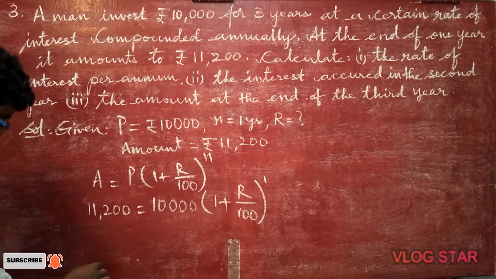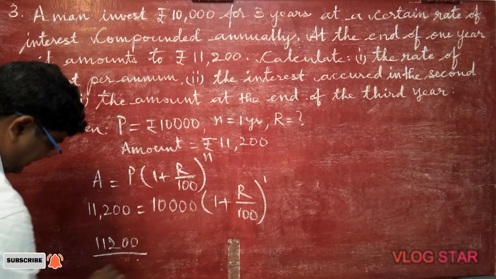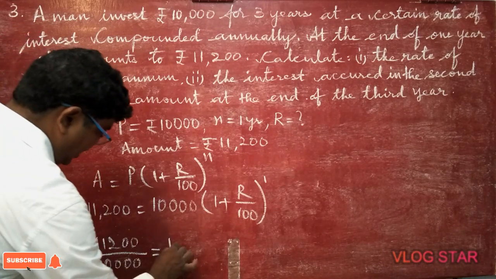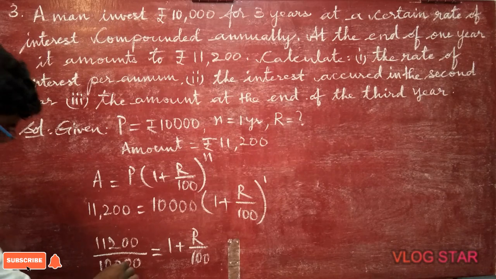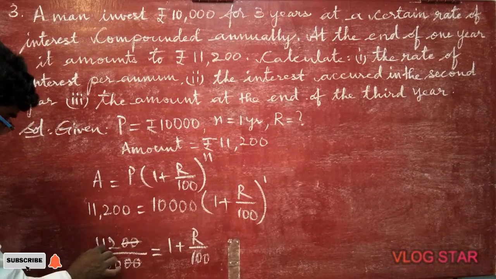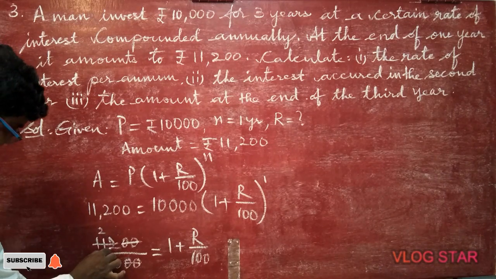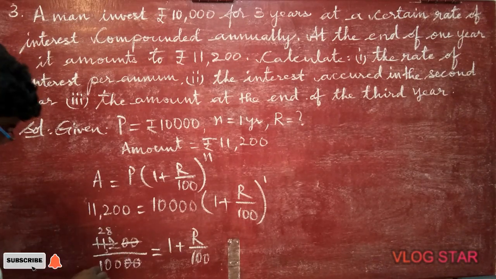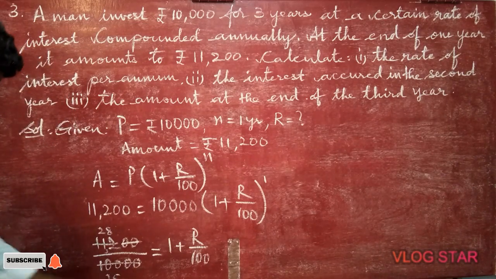Now multiplication comes as a division. 11,200 by 10,000 is equal to 1 plus R by 100. No need for brackets because here 2 zeros get cancelled. Now 4 table goes. 4 2s are 8, 3 remaining. 4 8s are 32. 4 25s are 100.